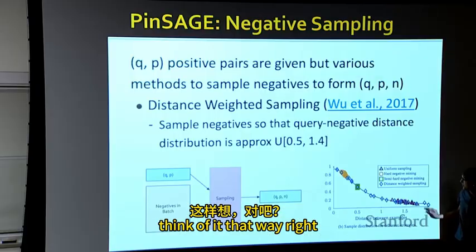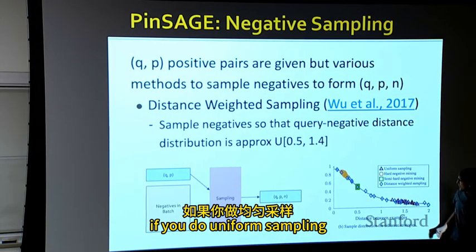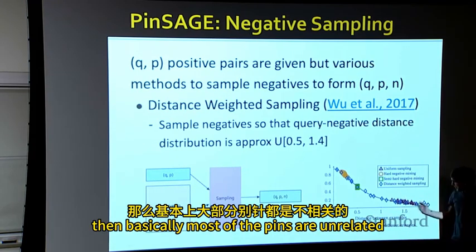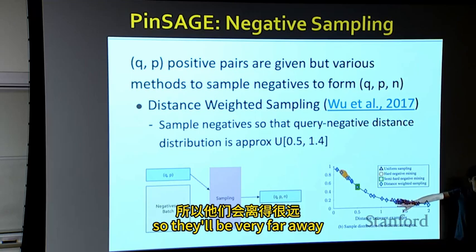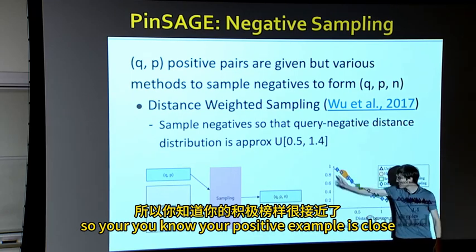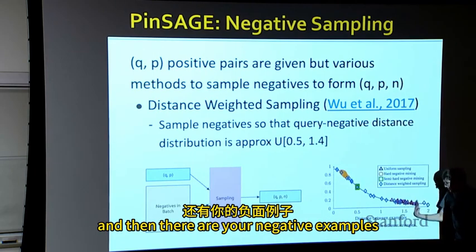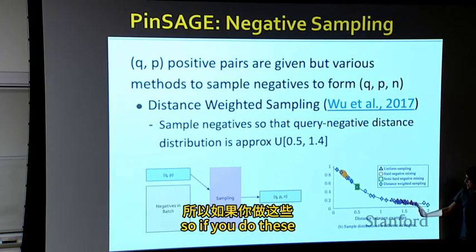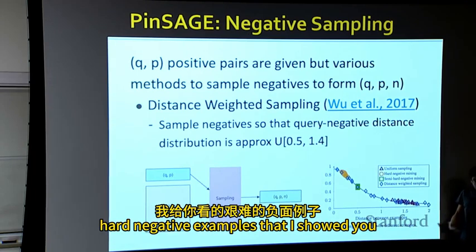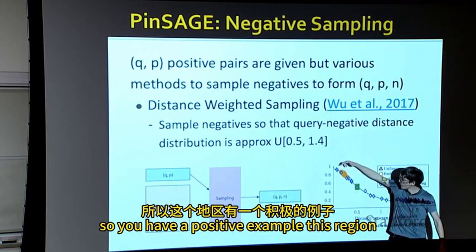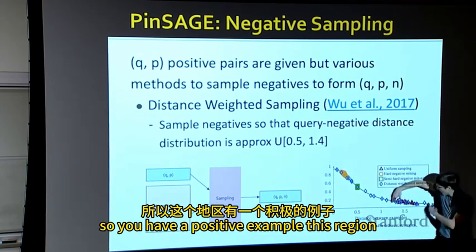If you do uniform sampling, then most of the pins are unrelated, so they'll be very far away. So your positive example is close, but then there exists this gap, and then there are your negative examples. If you do the hard negative examples that I showed you, then you sample from this region. So you have a positive example, this region, and that region.